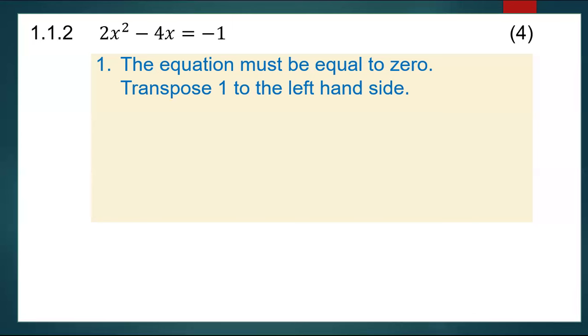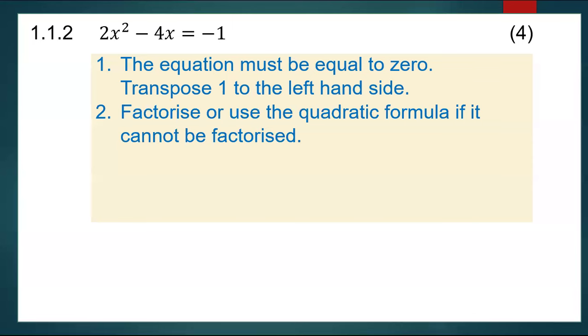We say that we are writing it in standard form. The standard form is that it needs to be equal to zero. You basically mustn't have any number except for zero on the right-hand side. Once you have written it in standard form, you need to factorize.